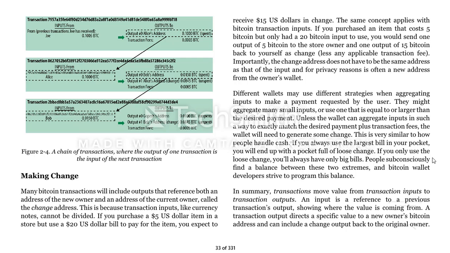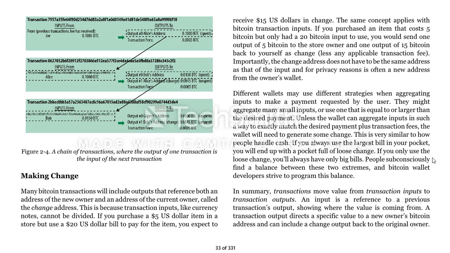Making change. Many Bitcoin transactions will include outputs that reference both an address of the new owner and an address of the current owner, called the change address. This is because transaction inputs, like currency notes, cannot be divided. If you purchase a $5 item in a store but use a $20 bill to pay for the item, you expect to receive $15 in change.